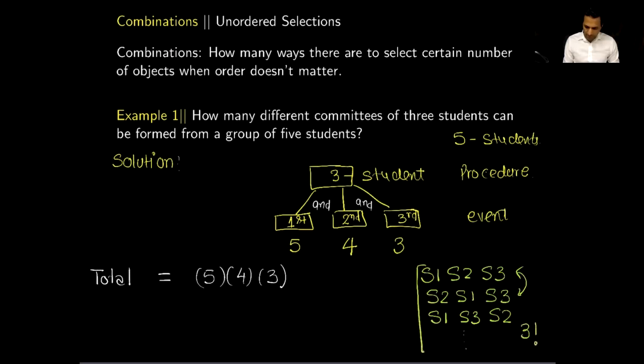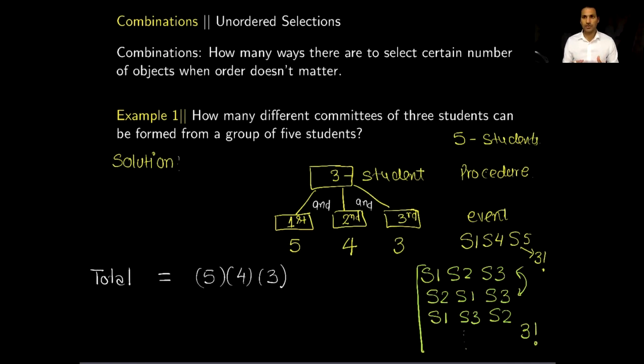For the selection S1, S2, S3, there are 3 factorial ways corresponding to this one combination. Also, if I take a different combination, S1, S4, S5, you will see there are 3 factorial ways corresponding to it as well. So each combination has multiple ways corresponding to it, but all of them number exactly 3 factorial.